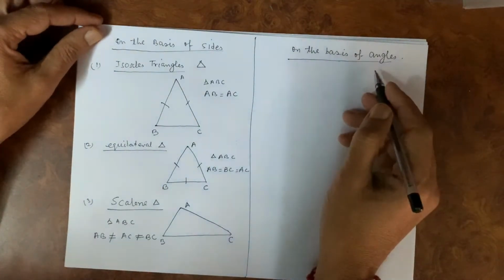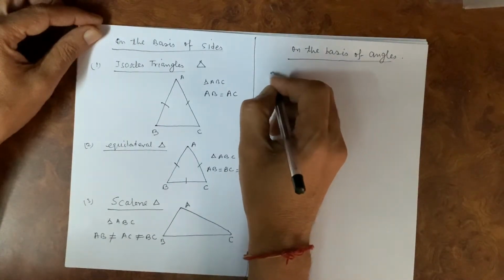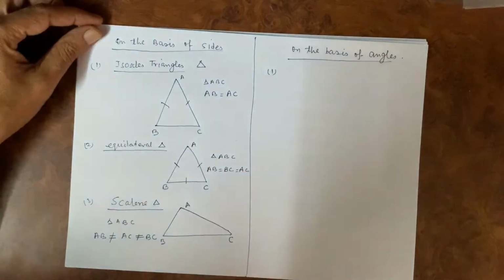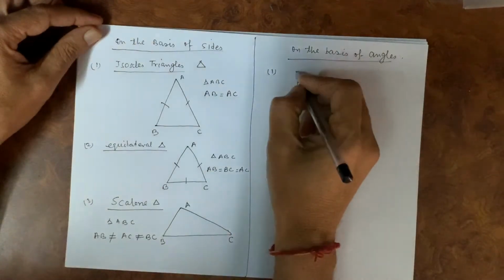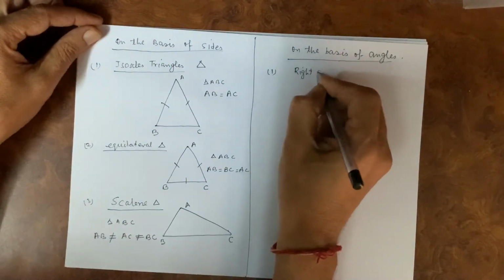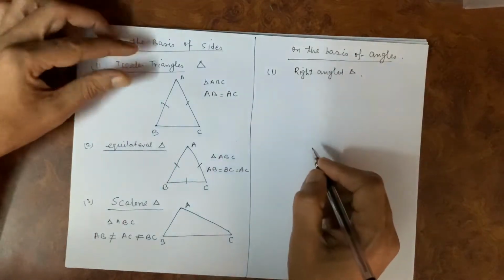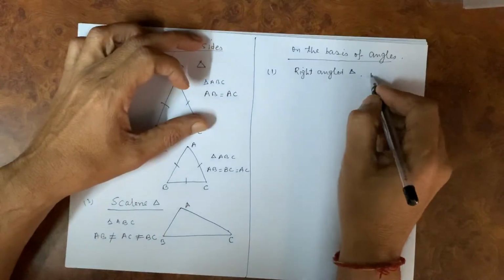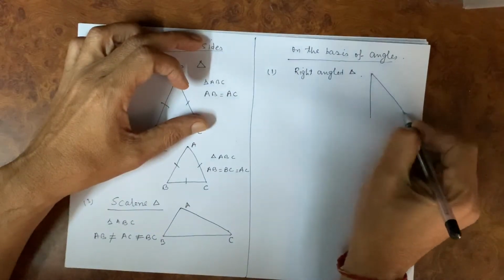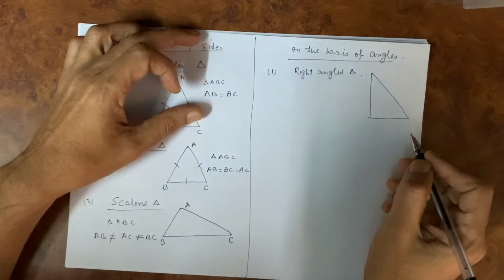And on the basis of angles, again we have three types of triangles. One is right angle triangle. Right angle triangle is one in which one of the angles in the triangle is 90 degree.